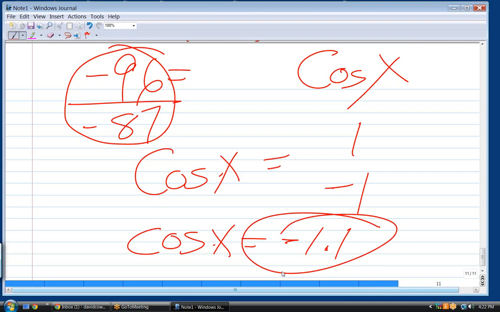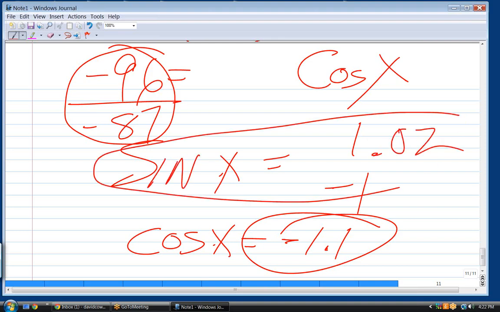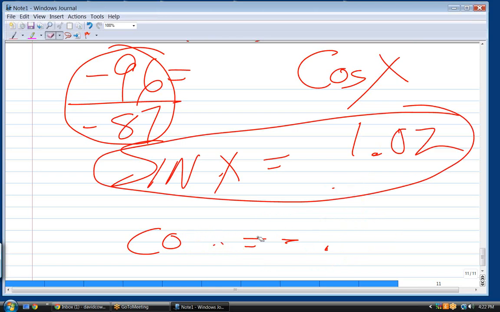So even if you're using the law of sines to solve a problem, if you end up getting the sine of an angle equals 1.02, that's impossible. You have an impossible triangle. Okay? And that's how you know.